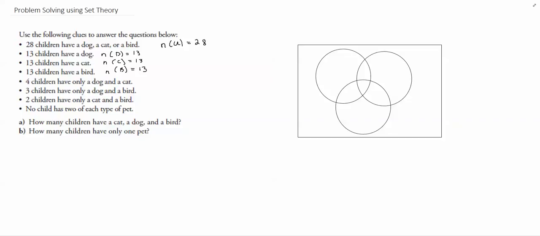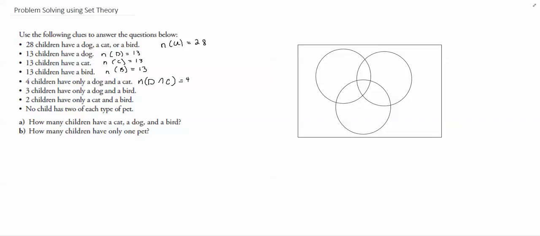We have 4 children that have only a dog and a cat. So this would be the intersection of the dog and the cat. So the number here is 4. And 3 children have only a dog and a bird.